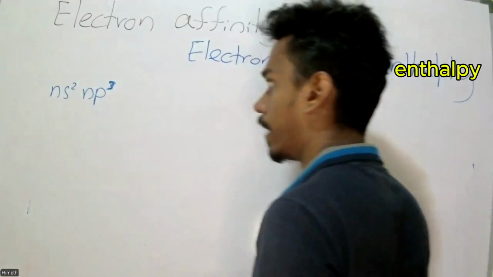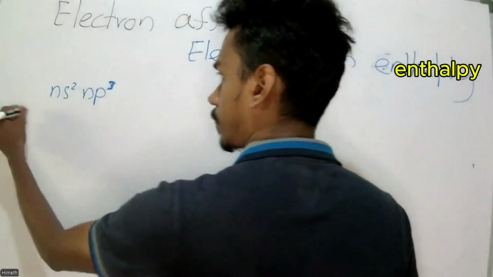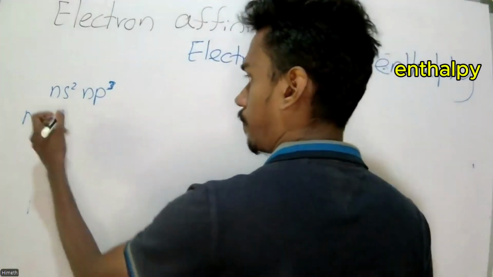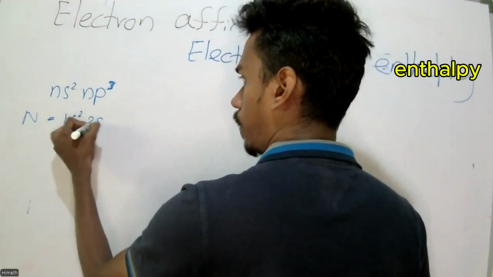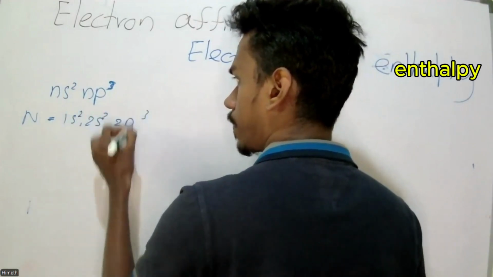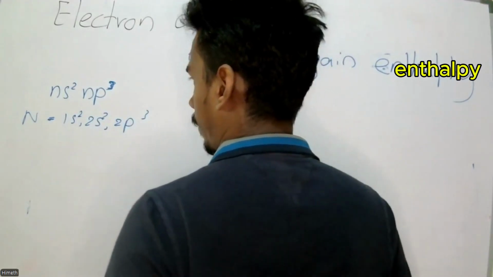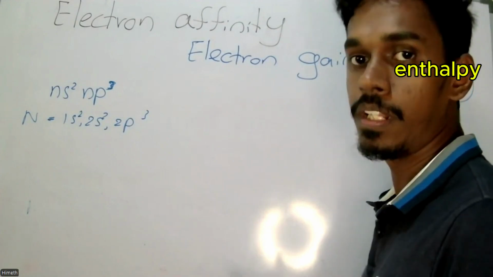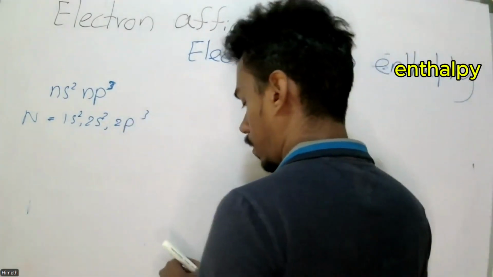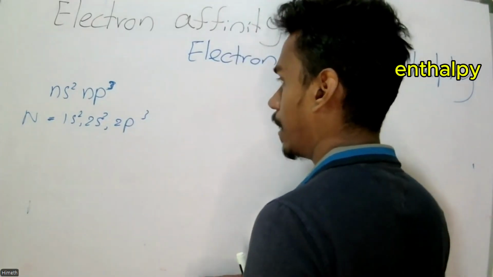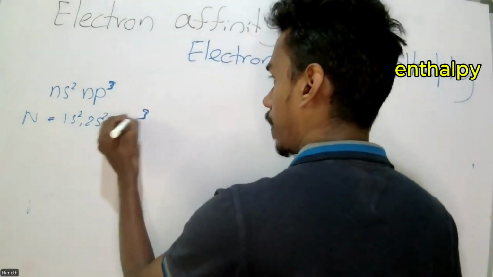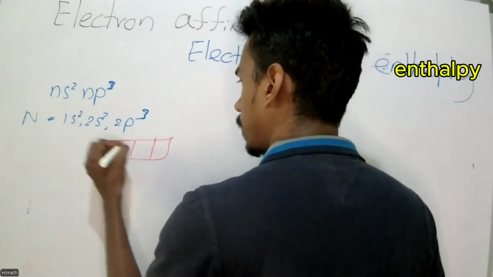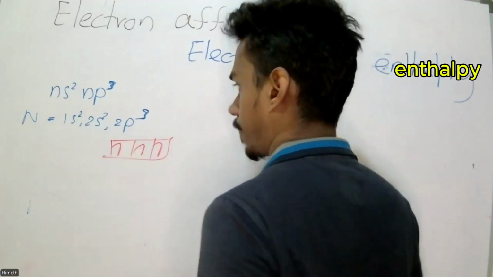Take nitrogen as an example. Nitrogen's electron configuration is 1s2, 2s2 and 2p3. This is a half-stable electron configuration. It's not fully stable, but it is half stable. Here, the p orbital has only 3 electrons.